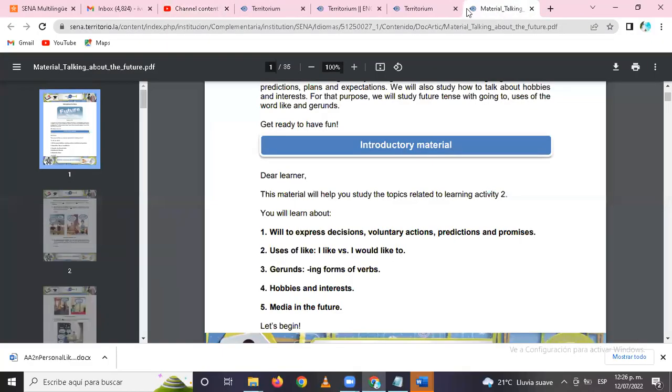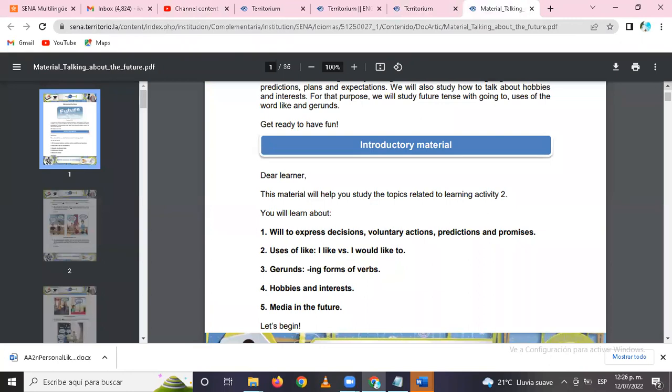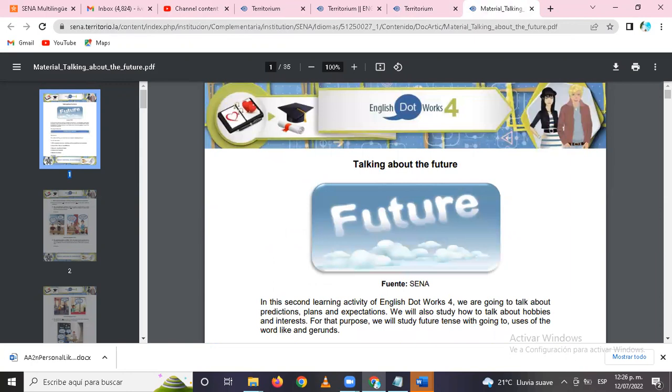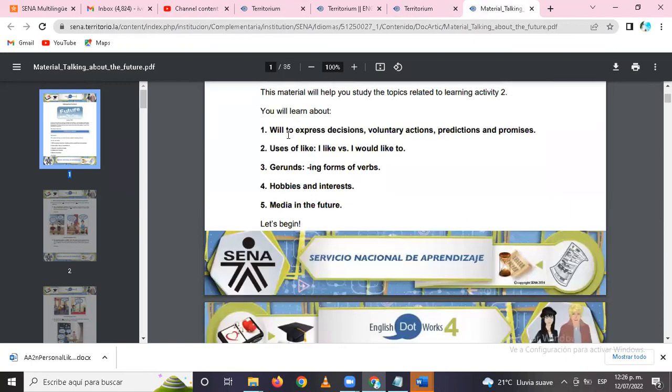So here we have the material, remember, English that works for, activity 1, materials, and the PDF version. Don't forget to look at the pronunciation practice on the interactive version too. And here we have future, talking about future, and the use of will.